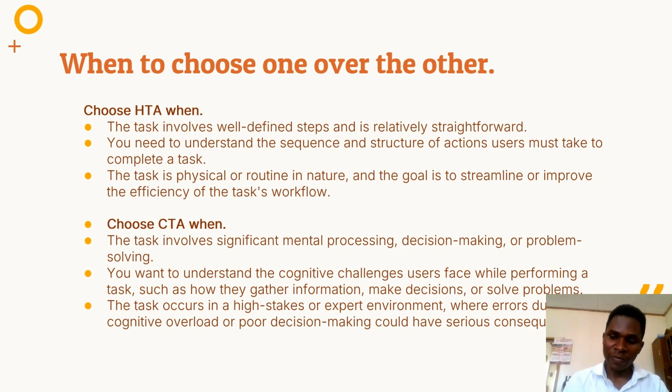We are not leaving behind the concept of a given hierarchy. Then we also, when you need to understand the sequence and the structure of actions users must take to complete a task. Now, for this one, we mean when you need to understand in which order are particular tasks handled.